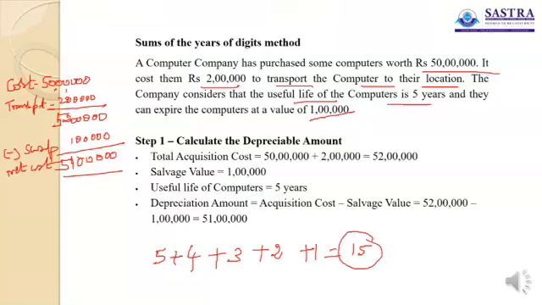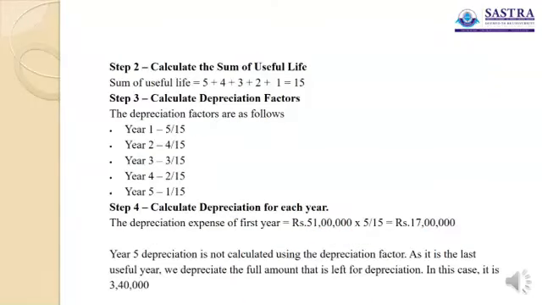And such 15 is to be considered for calculating the depreciation everywhere. Now the total acquisition cost, as I said already, 52 lakhs, salvage value 1 lakh, useful life of computers 5 years, and the depreciation amount, considering acquisition cost and salvage value, becomes 51 lakhs. Go to the next.